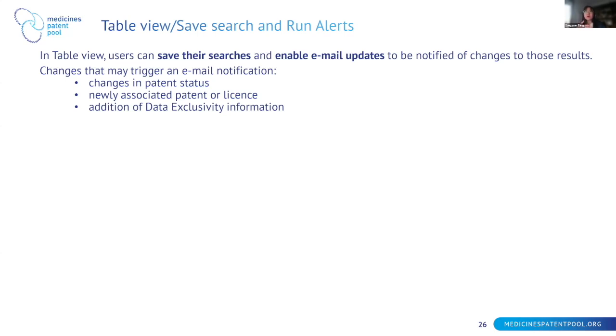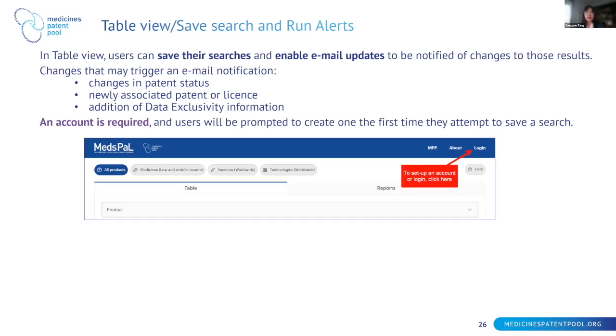But we don't want to bother the users if we make any small edits or updates, like to the title. So we choose the things that will trigger the alert, which includes a change in patent status, a newly associated patent or license, or additional data exclusivity information.